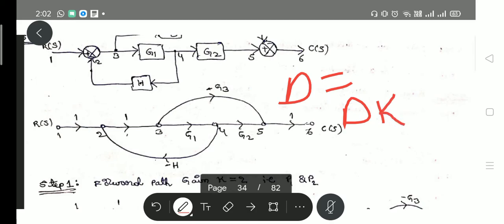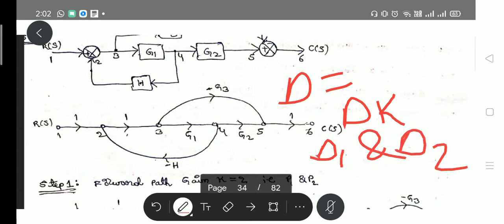Here the forward paths are 2, so the delta k values are delta 1 and delta 2. So first we can find delta. Delta is 1 minus the sum of individual loop gains.